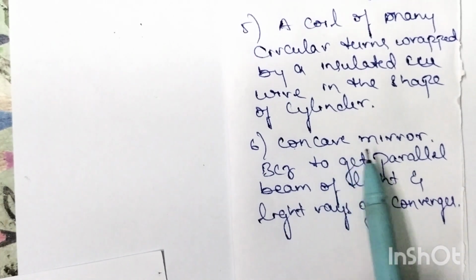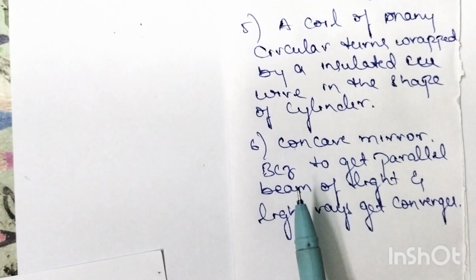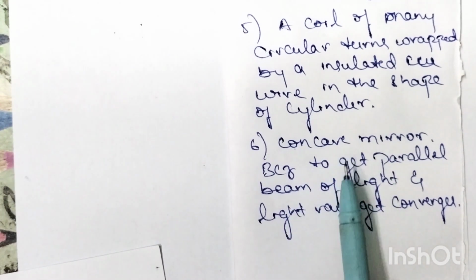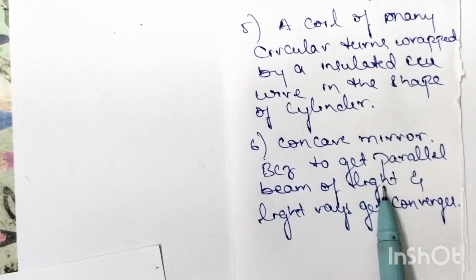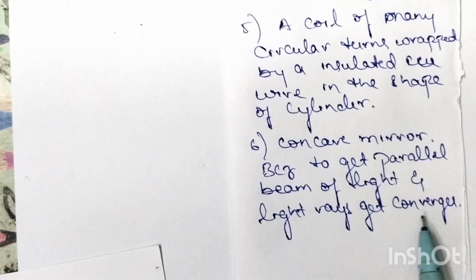So what type of mirror is used? A concave mirror is used. Why? Because by using a concave mirror, we get a parallel beam of light and the light rays get converged.